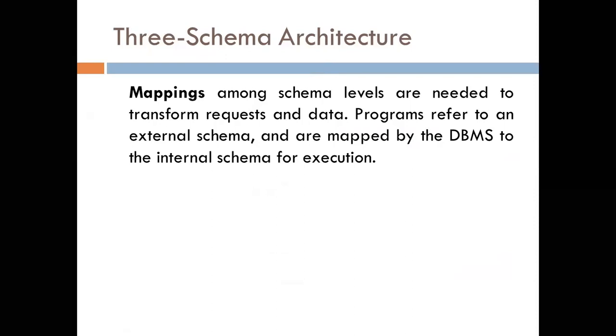The user level programs always refer to the external schema and are mapped by the DBMS software to the internal schema for execution. How the mapping takes place, the user need not worry about. As a database user, we will work with the external schema.